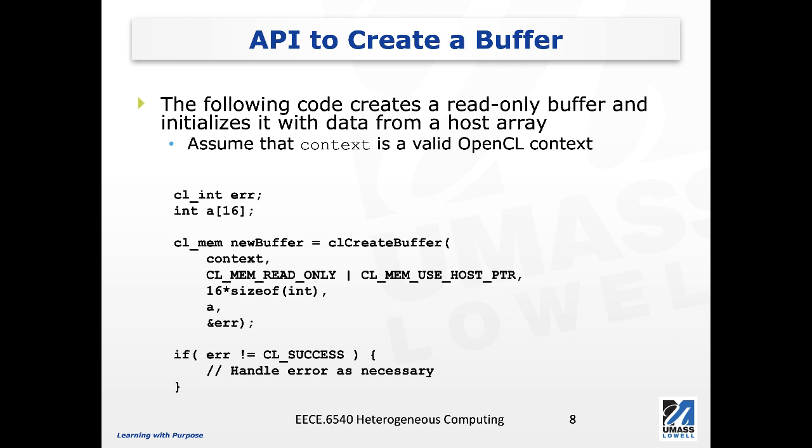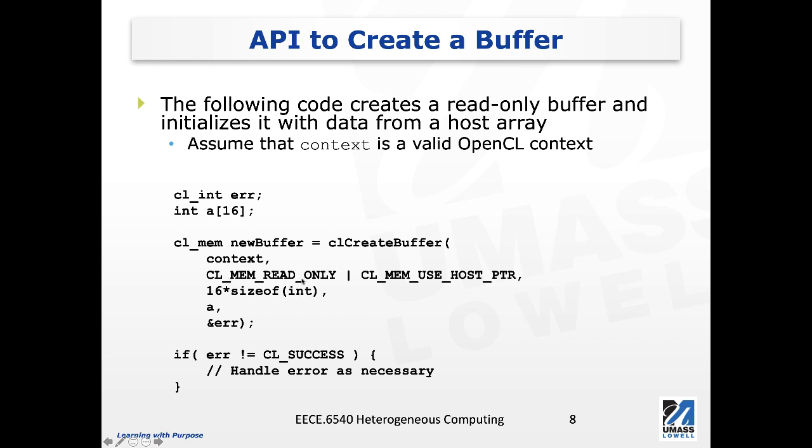Let's take a look at a concrete example. The following code is to create a buffer that is read-only and initialize it with data from a host array. Let's assume that context is a valid context. At the very beginning, we declare the error code, and then we define an array A that consists of 16 integers. The clCreateBuffer will use, in this case, CL_MEM_READ_ONLY.